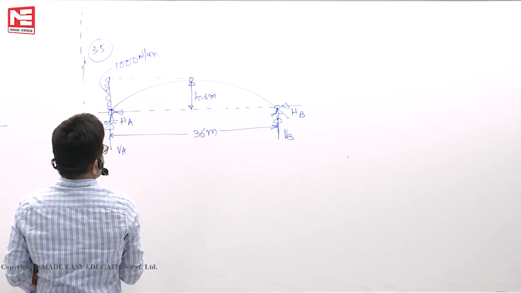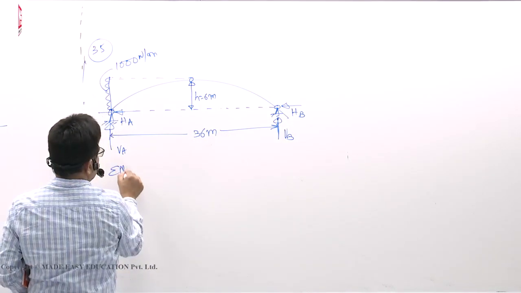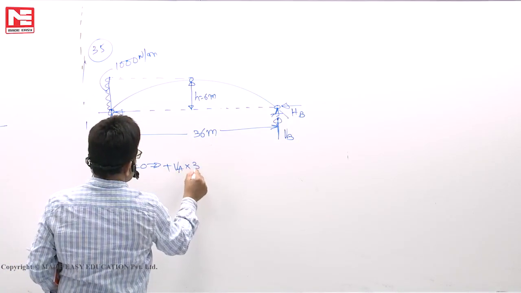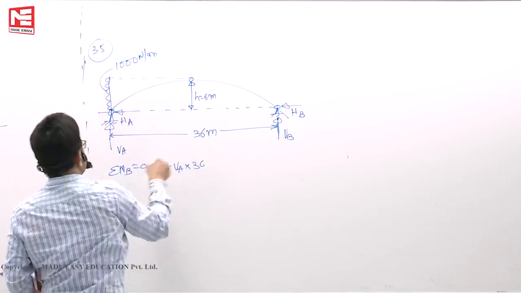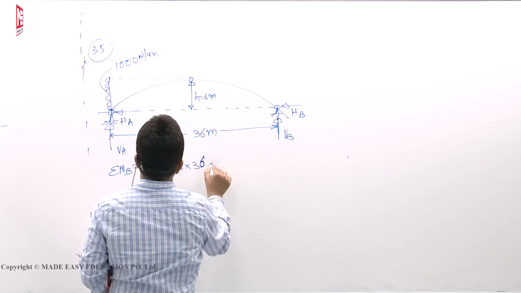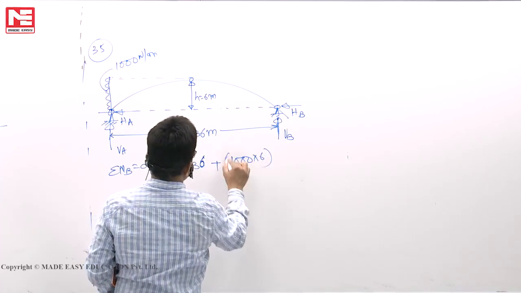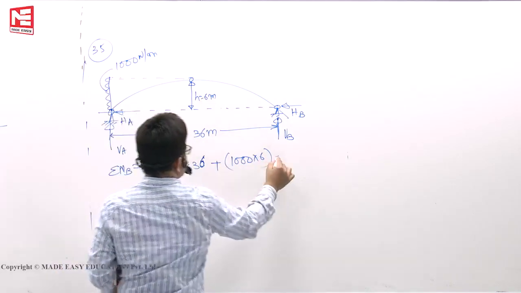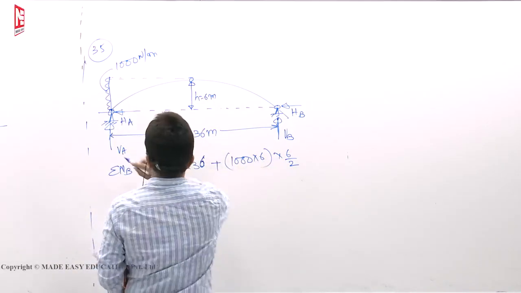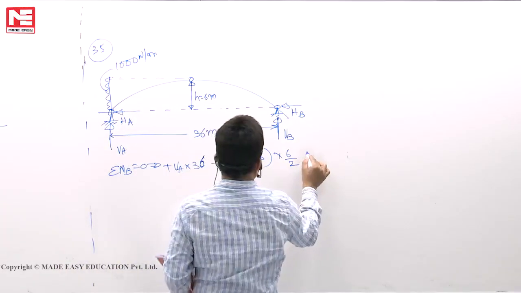Now let us take moments of all forces about B. Sigma M_B is equal to 0: plus VA into 36 clockwise, load also clockwise moment, so plus 1000 into 6, the total load, into 6 by 2. That is the perpendicular distance. Both of them are plus, and must be equal to 0.